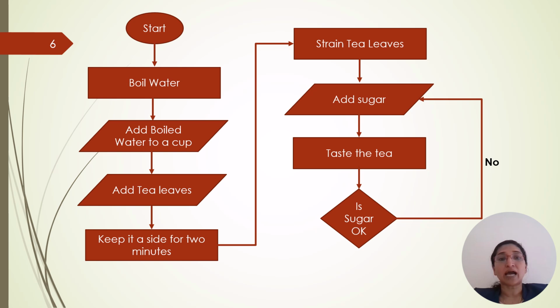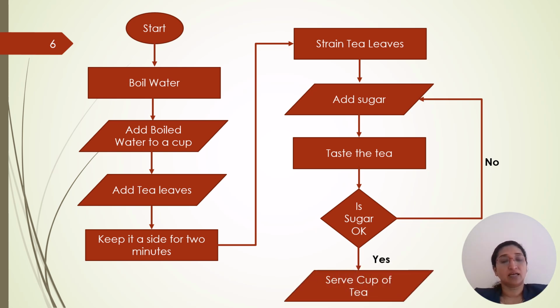So whenever you add the sugar, you need to taste your tea, and whenever you taste your tea, you need to make the decision whether the sugar is now enough. If yes, either you can consume it or you can serve your cup of tea. So with that, you end your process of making a cup of tea.